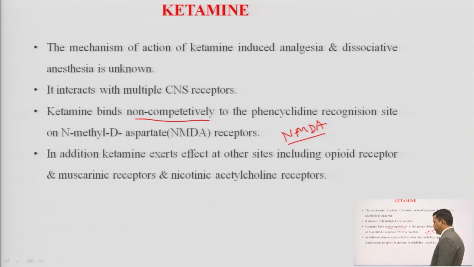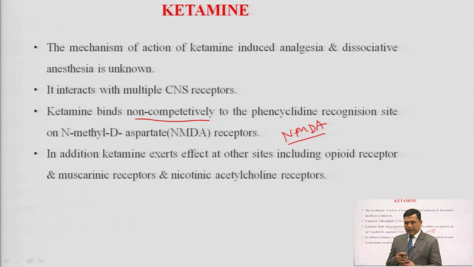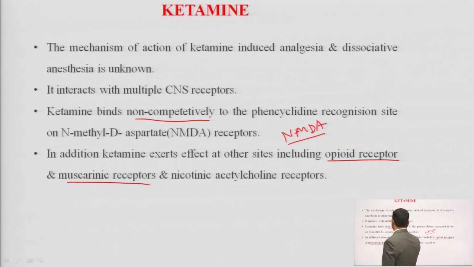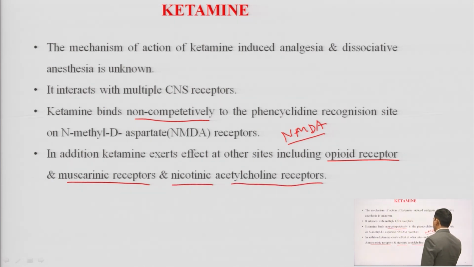In addition, ketamine also acts at other sites, because it has multiple sites of action. It includes the opioid receptor, muscarinic receptor, and nicotinic acetylcholine receptor.